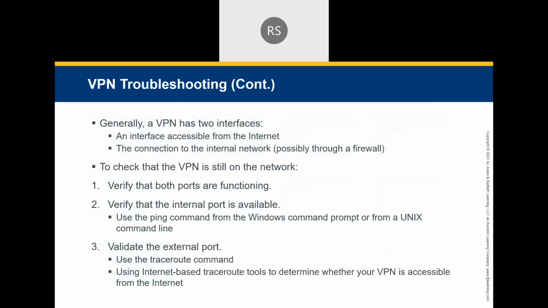You want to check that the VPN is still on the network. So you want to verify that both ports are functioning. You want to verify that the internal port is available and that it is properly configured to establish connectivity with the internal network.